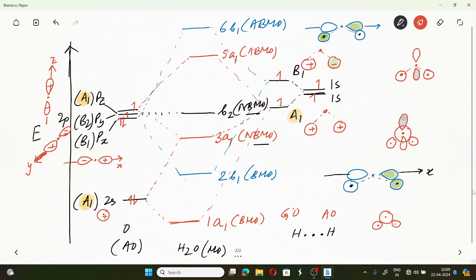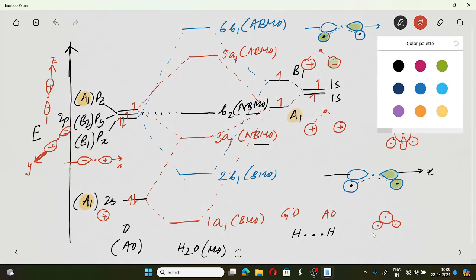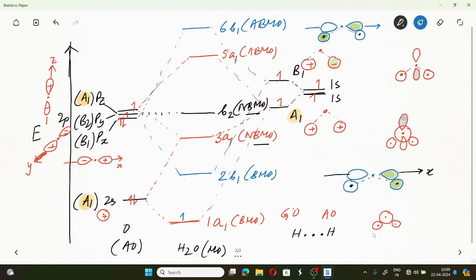So it's like this. So in total there are 8 electrons. So we have to insert the electrons like this: 1 2 3 4 5 6 7 8, isn't it?